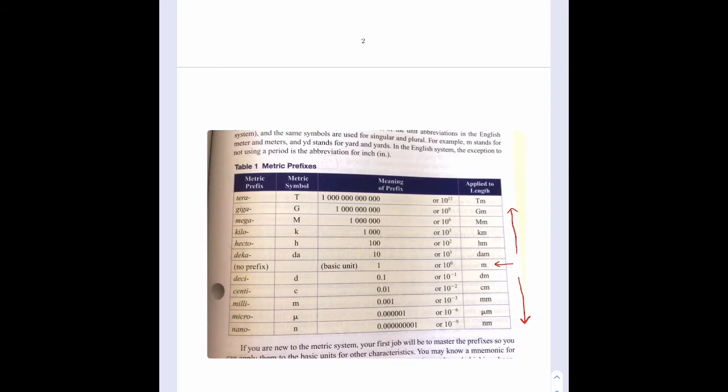You should be able to draw some links between this and the work we did on scientific notation, because you can see that, for example, kilo, we talk about kilometers all the time, is really 10 to the third meters. So 5 kilometers is 5 times 10 to the third meters. Or if we look at, say, nanometers here, it's 10 to the minus 9.